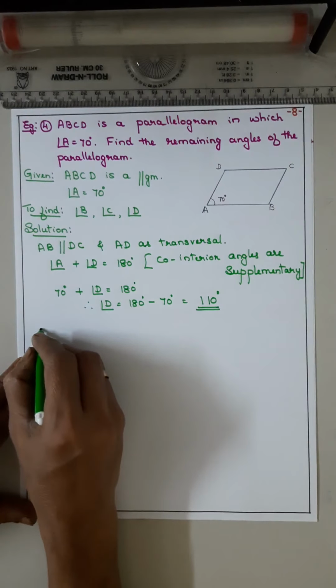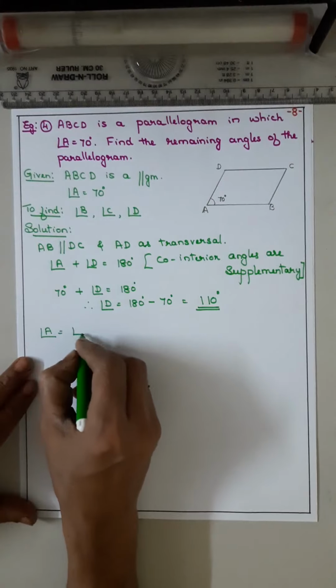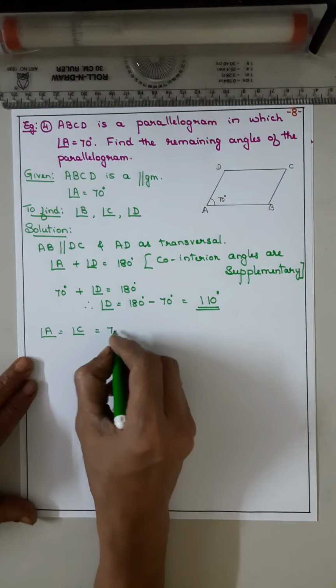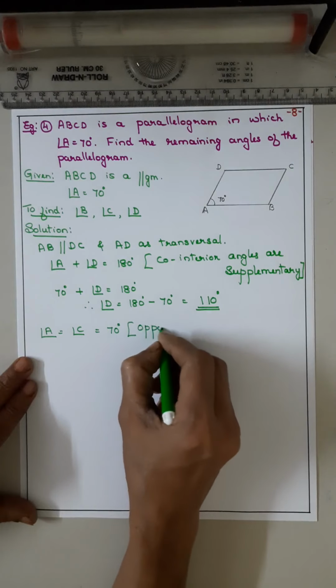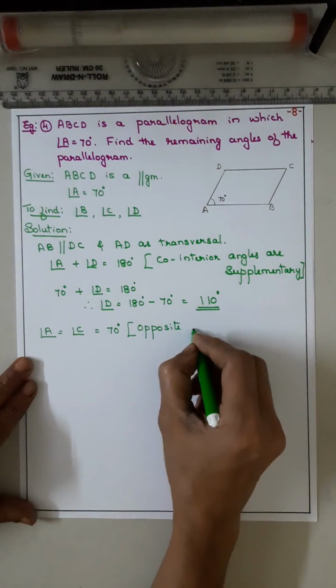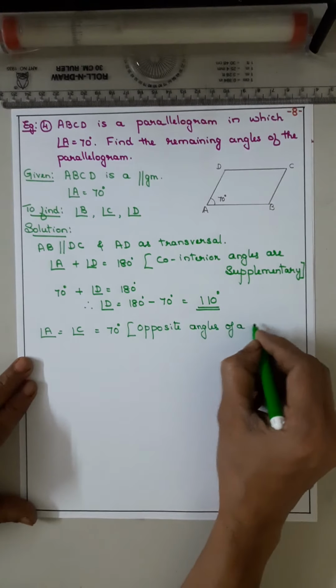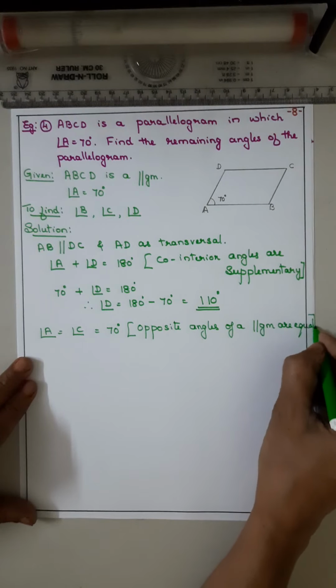Now, angle A is equal to angle C. That is equal to, A is how much? 70 degrees. Why? Opposite angles of a parallelogram are equal. Property, remember?